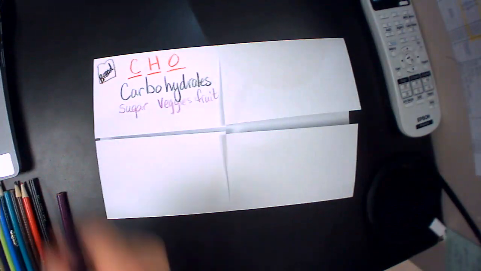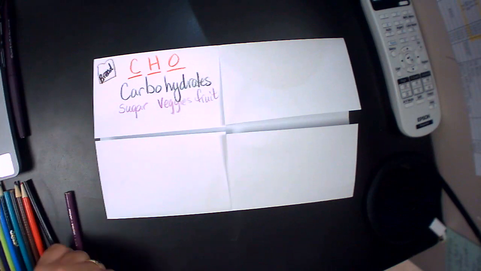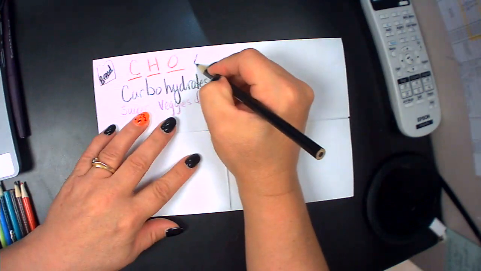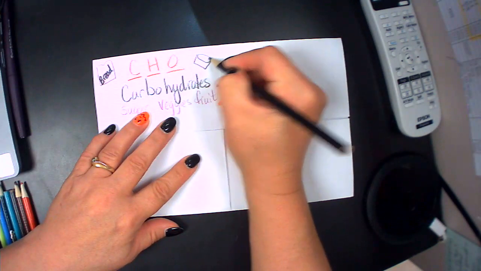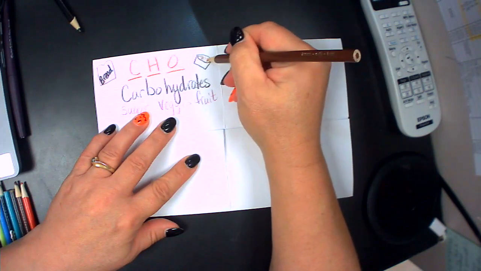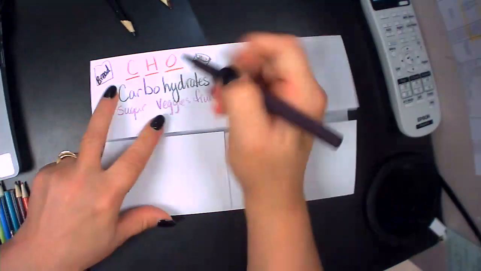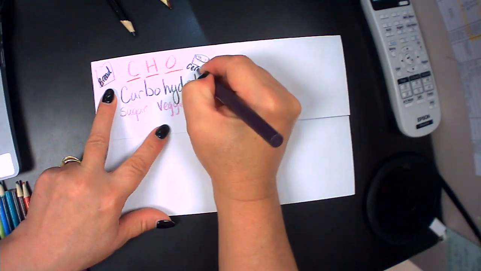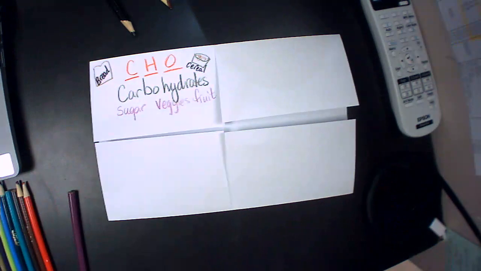Bread. Bread is a carbohydrate. That's stuff you eat in the morning with your milk, called your cereal, is a carbohydrate.